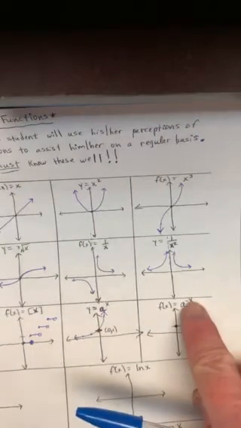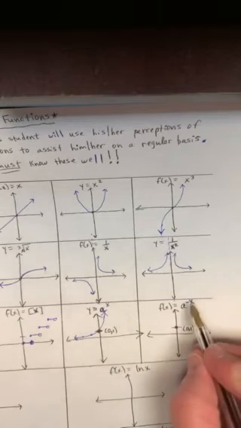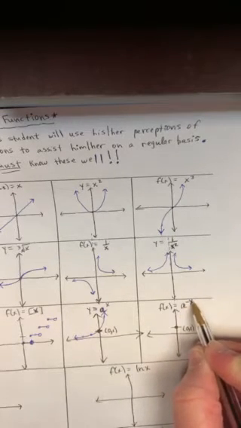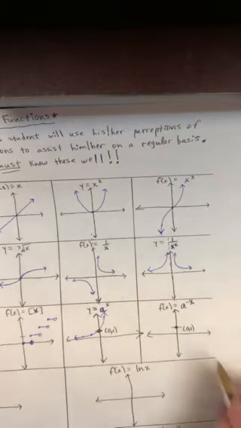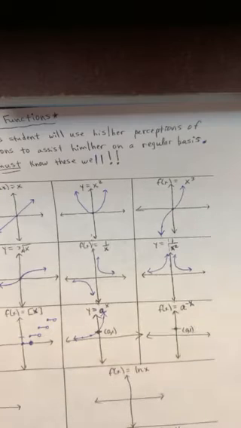And if it's a negative x instead of a positive x, think about it. When we plug 0 in for x, we're still going to have a base raised to the 0 power, which is 1. So 0, 1 is still got to be one of our dots no matter what the base is.